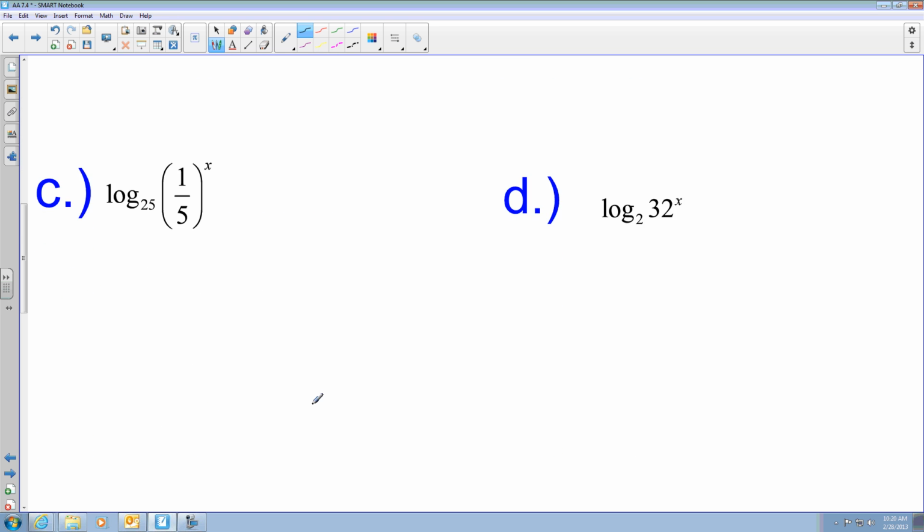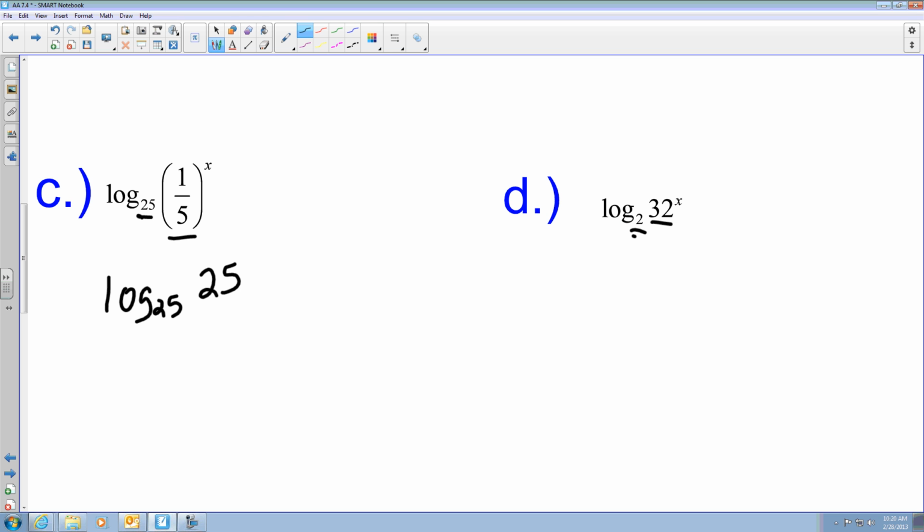Looking at C and D, the difference between the two of them is that this value here and this value here are not the same. But we can manipulate using exponents, which allows them to be the same. So I have log base 25. I need this value to be 25.